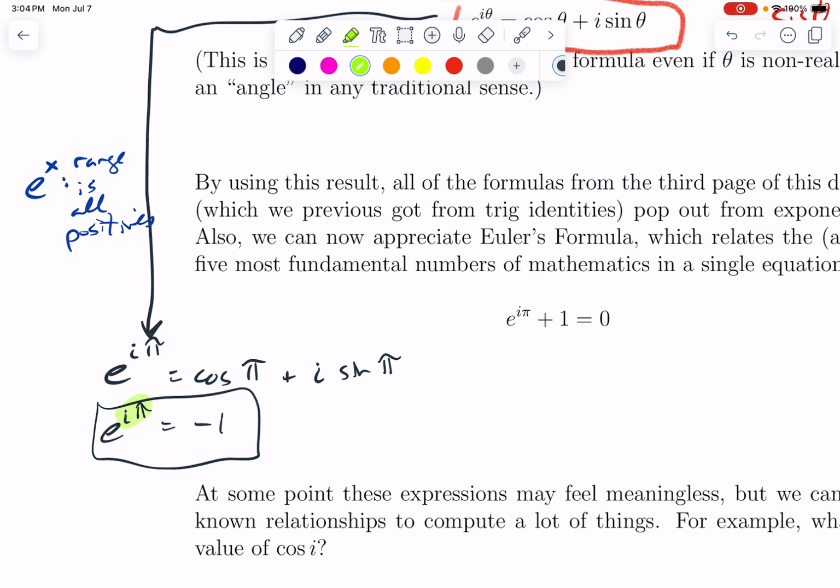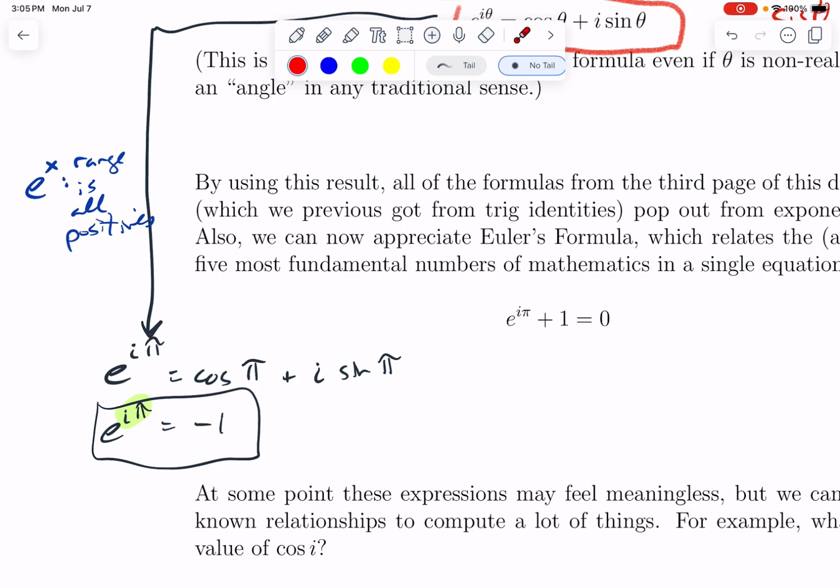When we restrict ourselves to real numbers, the output of e to a power is always positive. Here, it's negative. I could, in fact, make it non-real if I cooked up something a little more unusual.